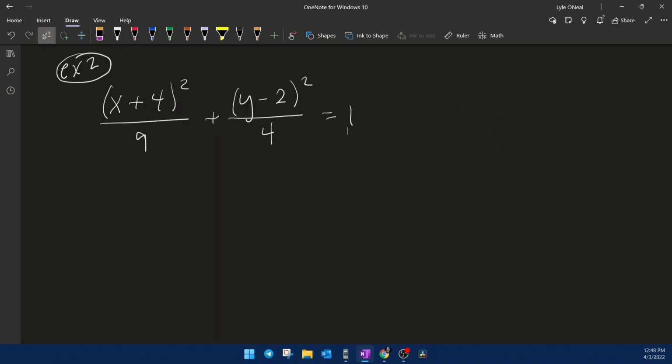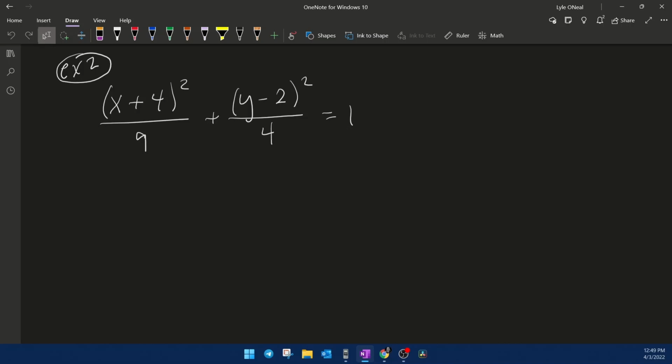For our next example, we are given the equation of an ellipse in standard form. And let me briefly explain what you would do if you needed to convert to general form. I can't imagine that you would ever want to go that direction, but if you did, the first thing you would have to do is multiply both sides by the common denominator so that you could clear the fractions.